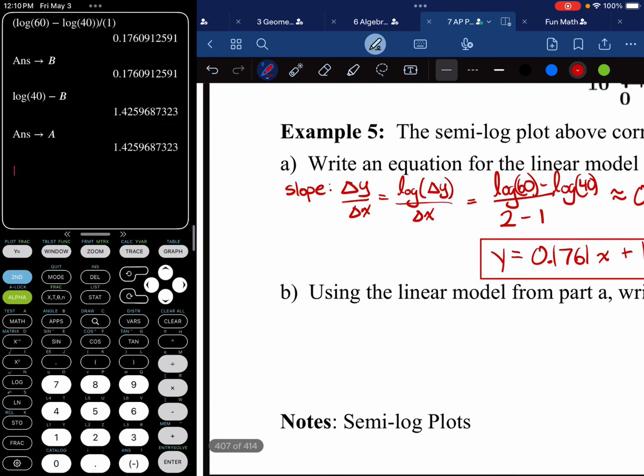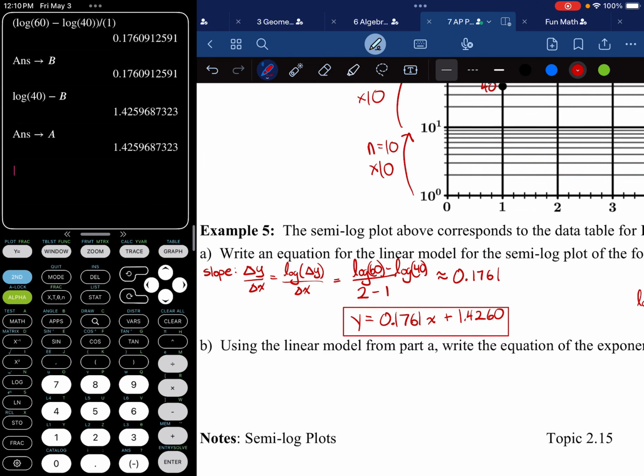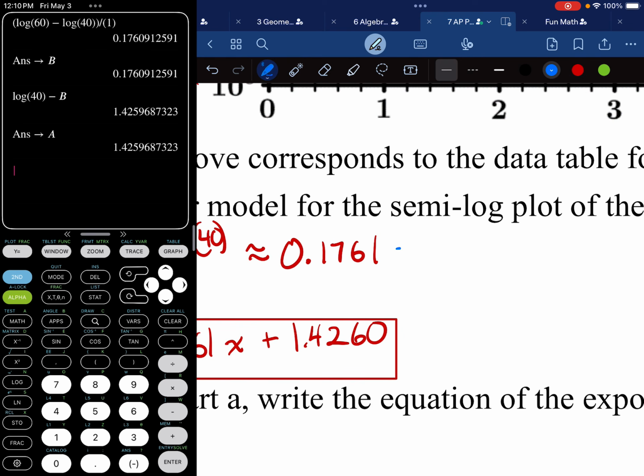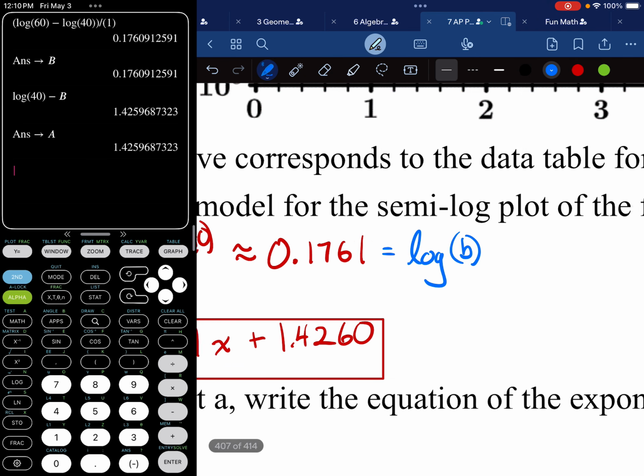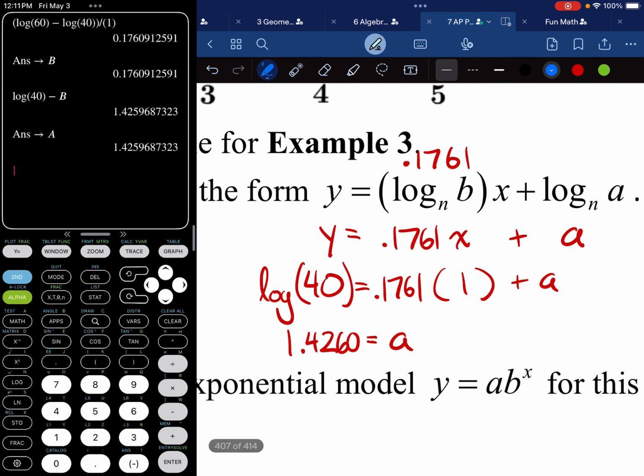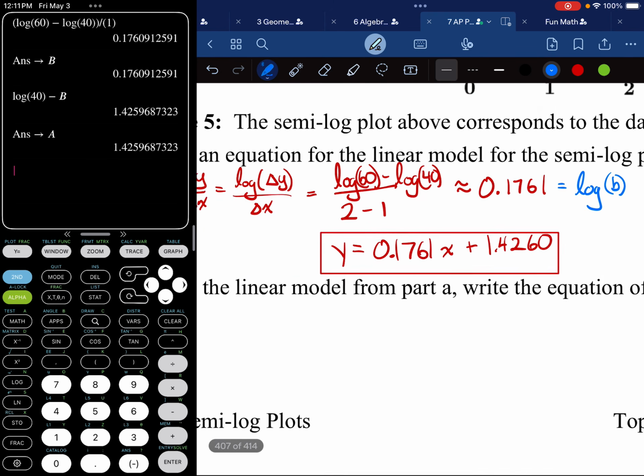I'm going to store that answer as alpha math, so I'm going to hit store it as a, and I just need to figure out what that is. So essentially what I've said, I know I've done it a little bit wishy-washy, and I said that that is the value of a. Technically, what we just found right there is log base 10, so I'm just going to say log of b. That value is log of b, and this value over here is technically log of a. I was just writing a as a shorthand notation. So in order to find a, I need to undo that. So let me rewrite those equations down here.